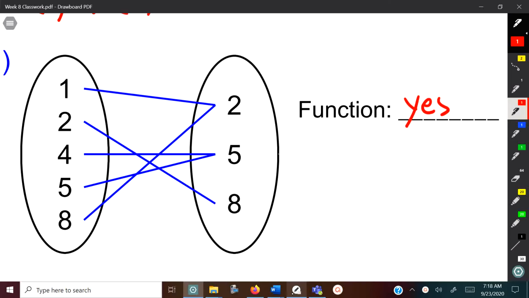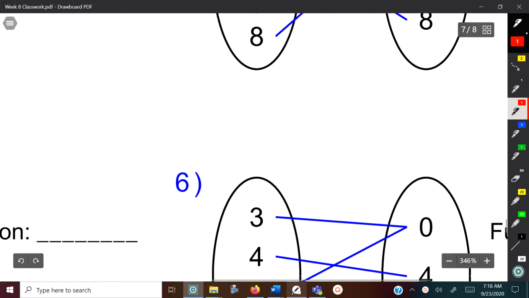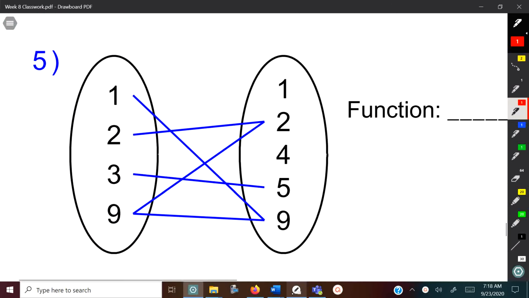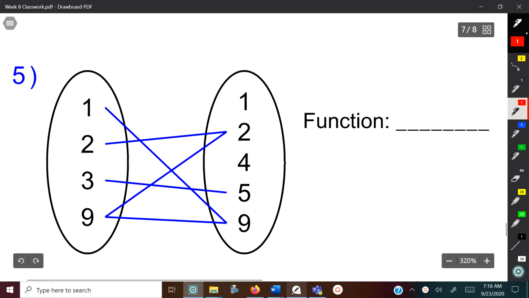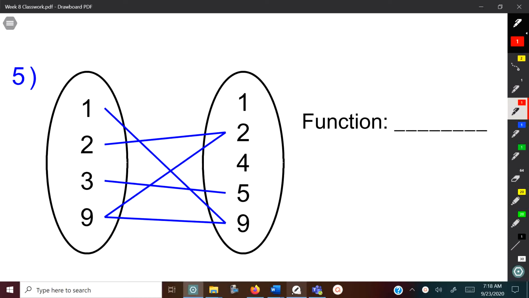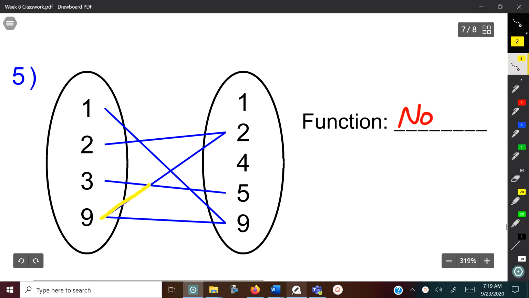Now see if number 5 is a function. On number 5, this is not a function. We've got two arrows here for 9, and that lets you know it's not a function.